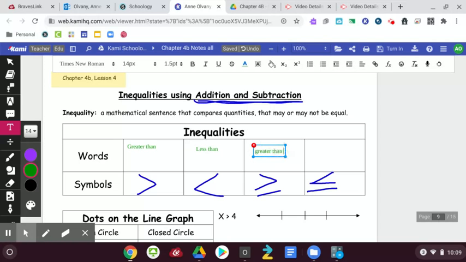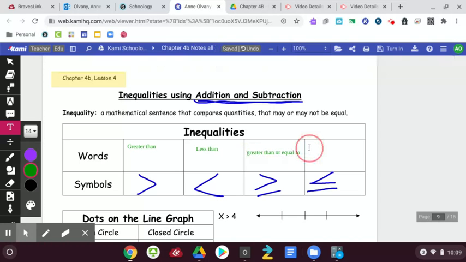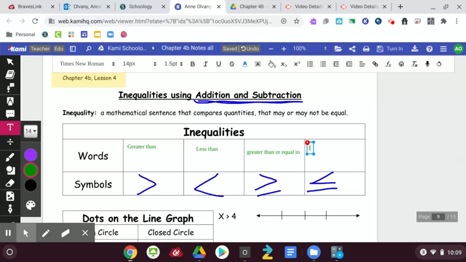This is greater than or equal to. And then that means this one must be less than or equal to.